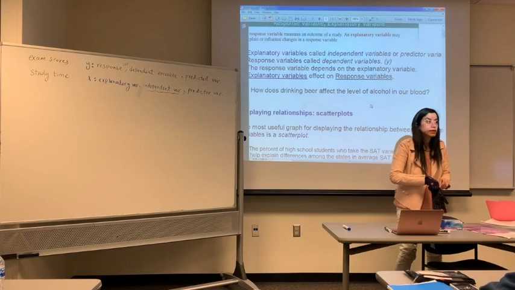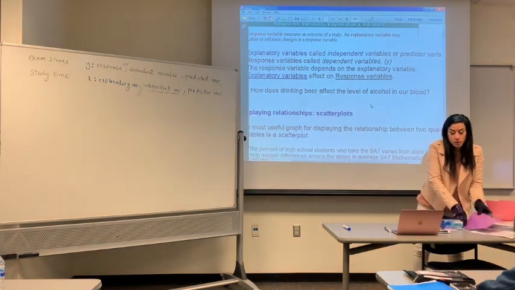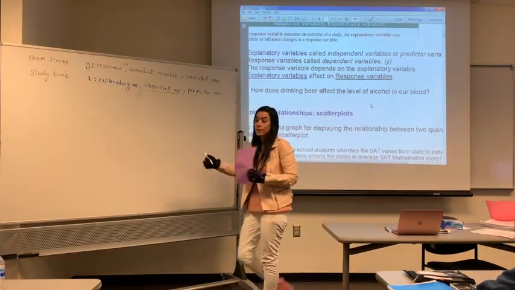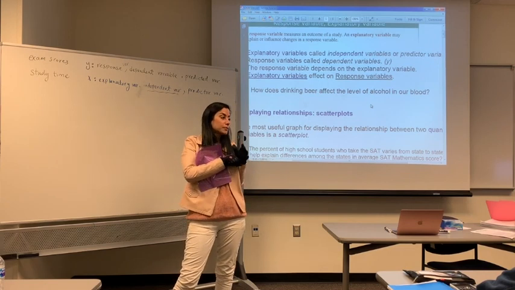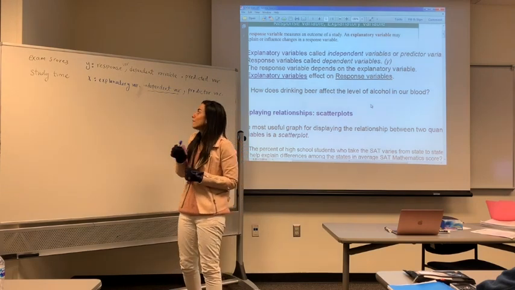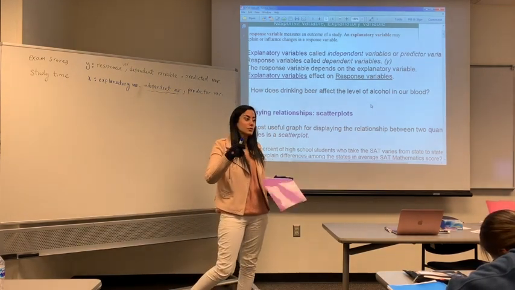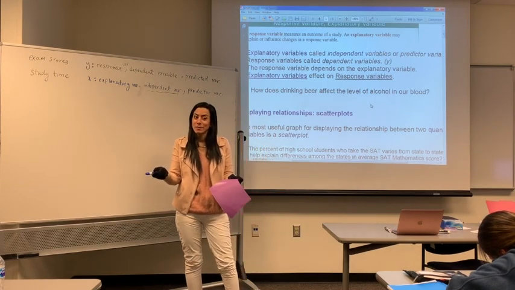So now I have more variables. We want to find the relation between them, and then I will give you some sentences that will help you to find the explanatory variable and the response variable, because in the future, in these two chapters, 4 and 5, you have to know all of this, and you have to know how to find the explanatory variable and how to find the response variable.